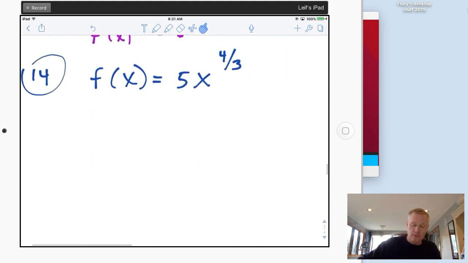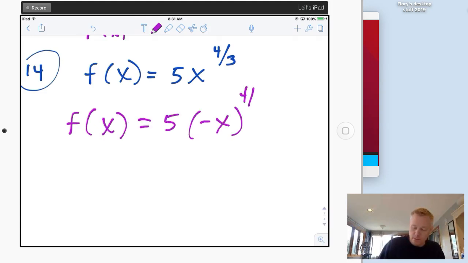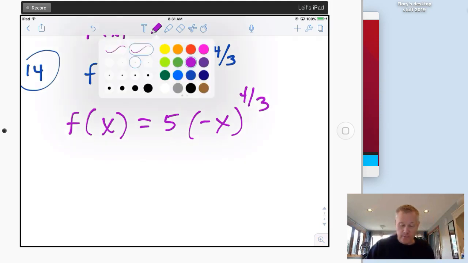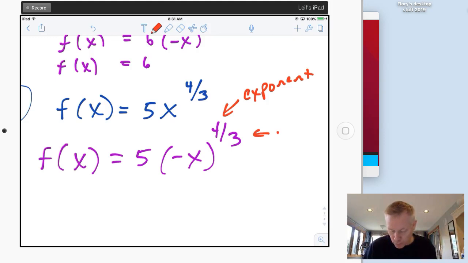This one is probably one of the trickiest ones out of the bunch. So f of x, and I plug in negative x here. A quick reminder on rational exponents: the numerator is the exponent and the denominator is the root.